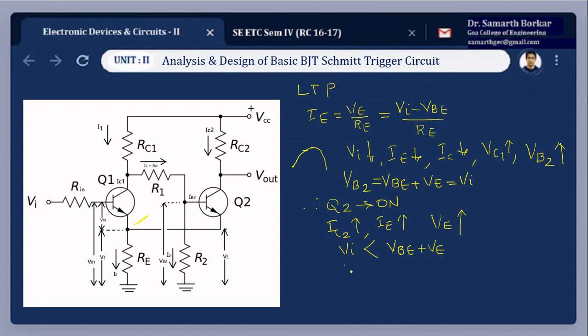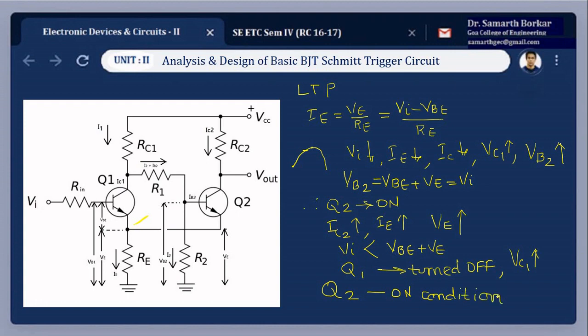So transistor Q1 will be turned off, and the moment the transistor is switched off, the current passing through it is 0, but the output voltage VC1 will rise, and this VC1 is in turn connected to the base of transistor Q2. So this will maintain transistor Q2 in the on condition. So try to understand this sequence.